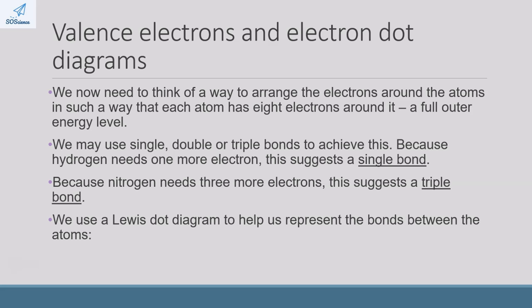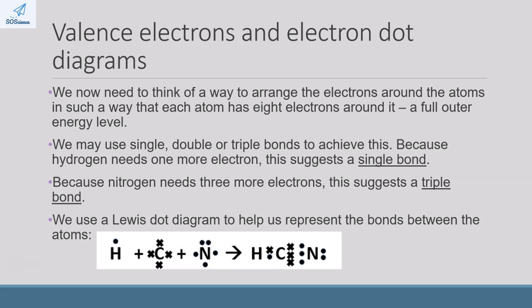We use a Lewis dot diagram to help us represent the bonds. So we've got hydrogen with 1 valence electron, carbon with 4 valence electrons, and nitrogen with 5 valence electrons, forming HCN. Now we can see that hydrogen's got 2 valence electrons around it, so it is happy.